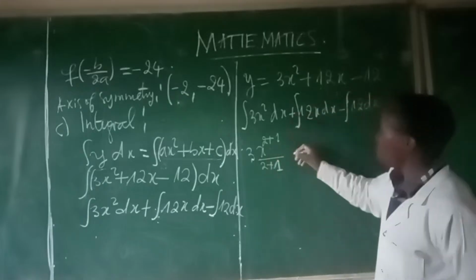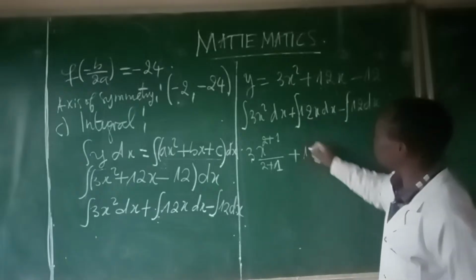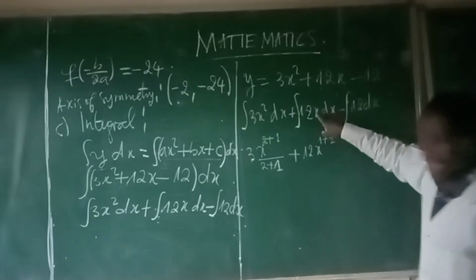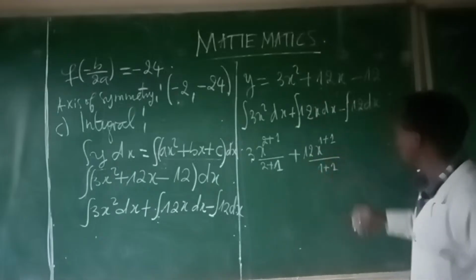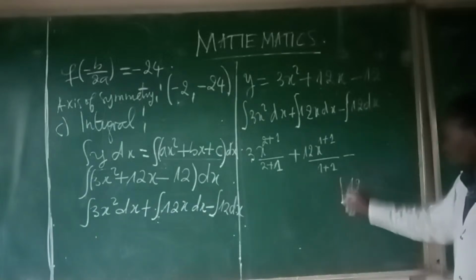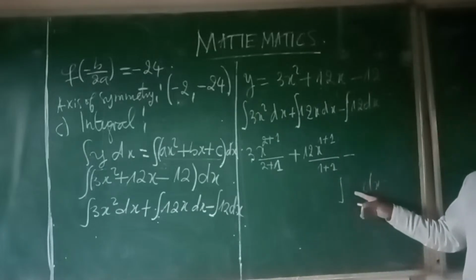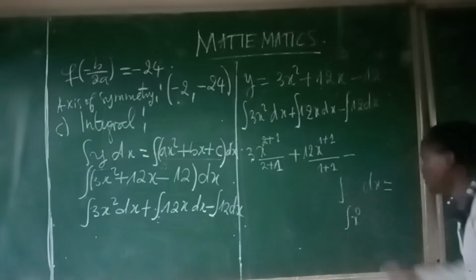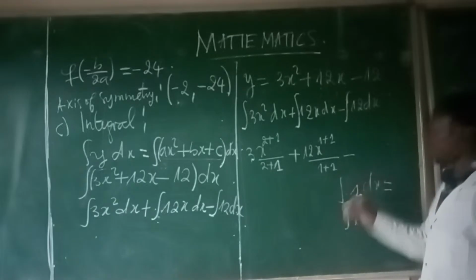Plus the second term, which is 12 times x power 1 plus 1 over 1 plus 1, because on x we have a power of 1. Minus, as I told you last time, integral of 12 dx. Here we have 1, so this will be integral of x power 0 dx, because any number power 0 is equal to 1.